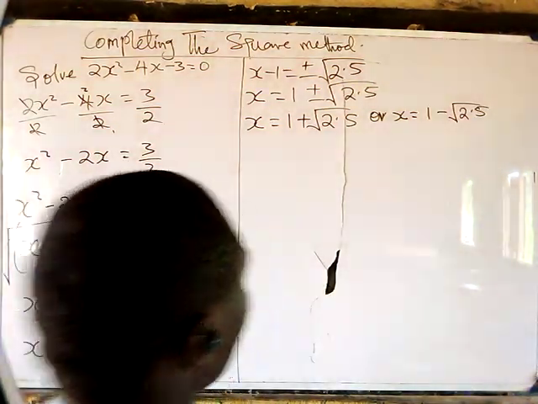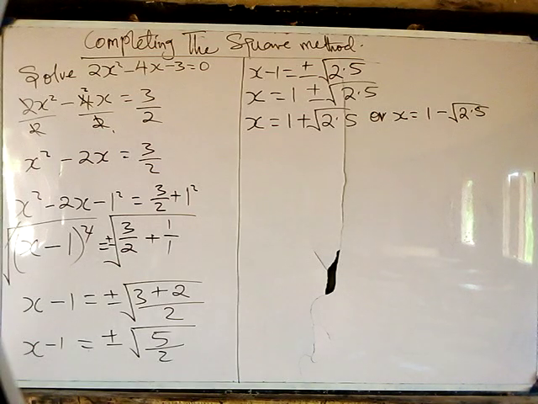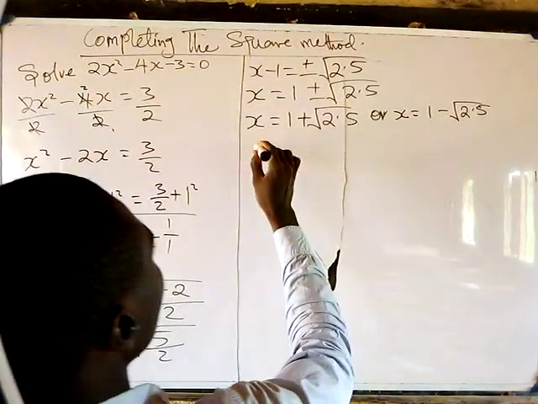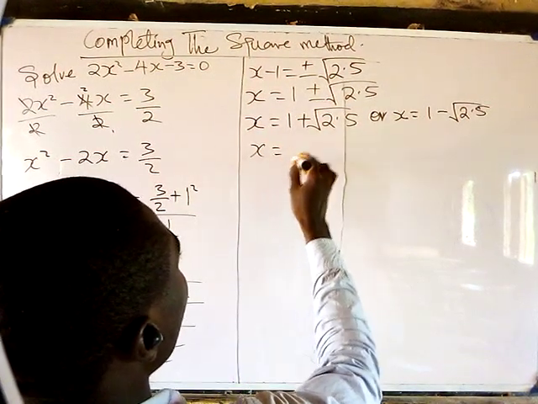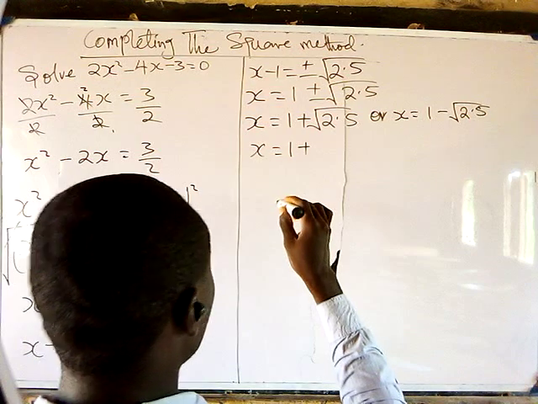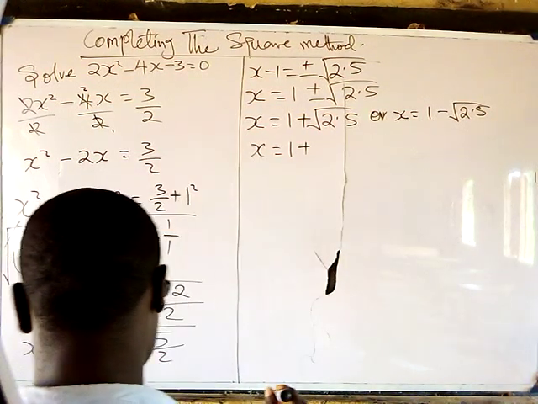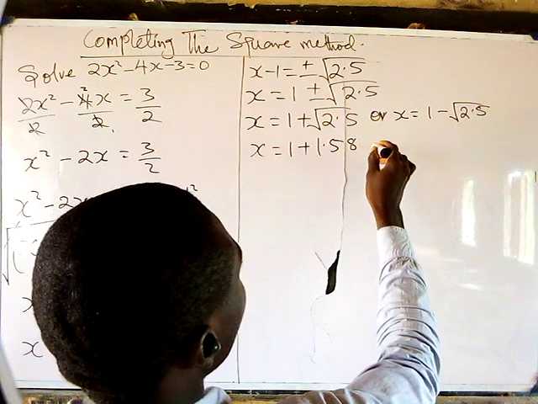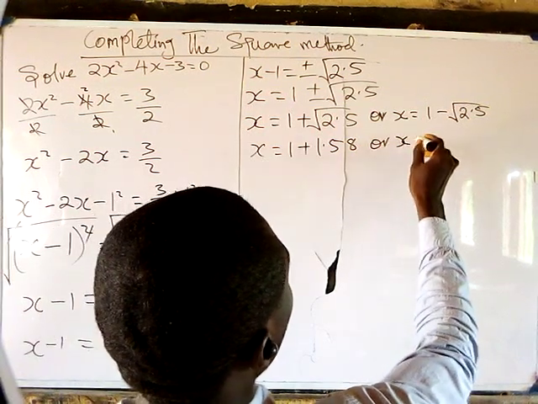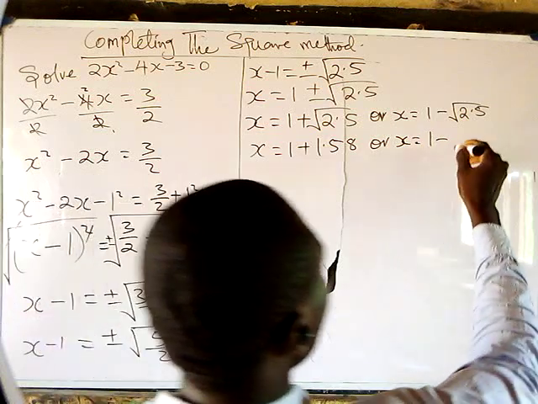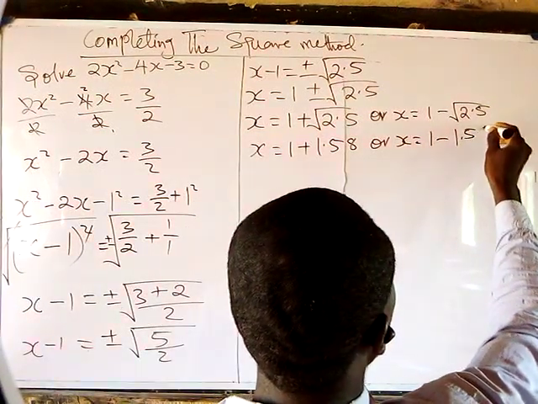Are we together? So the next thing for me to do, x is equal to 1 plus root of 2.5, which is 1.58, or x is equal to 1 minus 1.58.